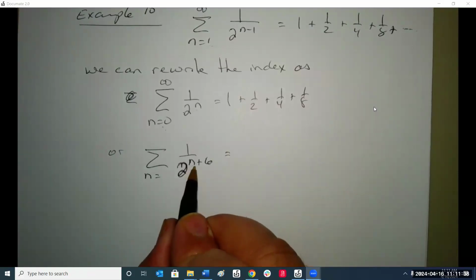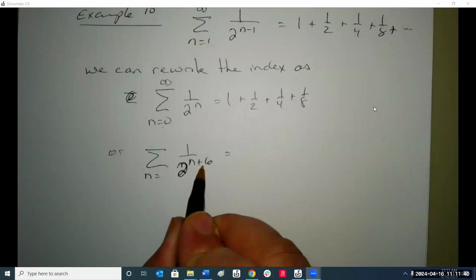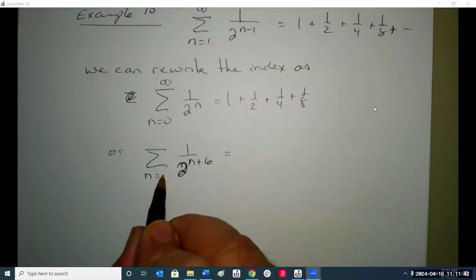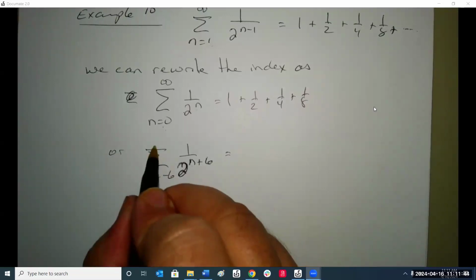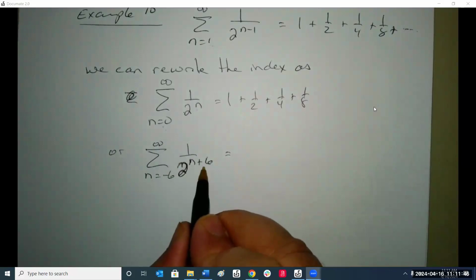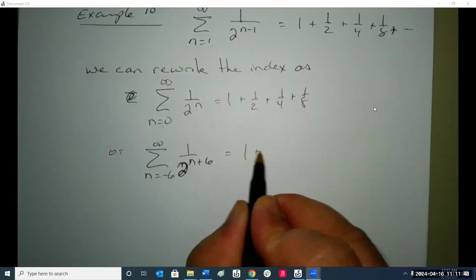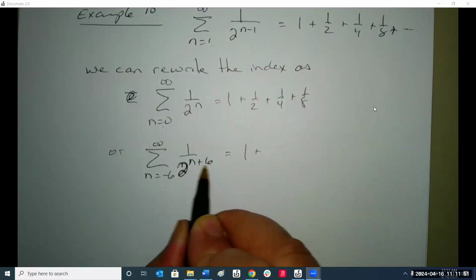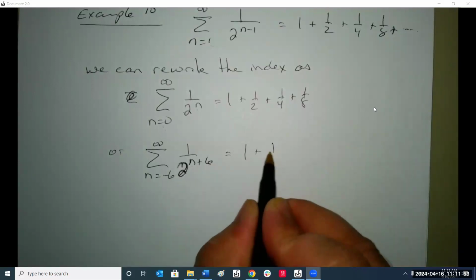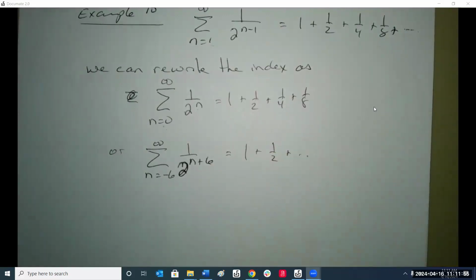So remember, we need the first one to be 1, so it has to start at n equals -6. -6 plus 6 is 2 to the 0, which is 1. N equals -5 plus 6 is 1, so it's 1/2. So we can do that. All right, that does it for the infinite series.